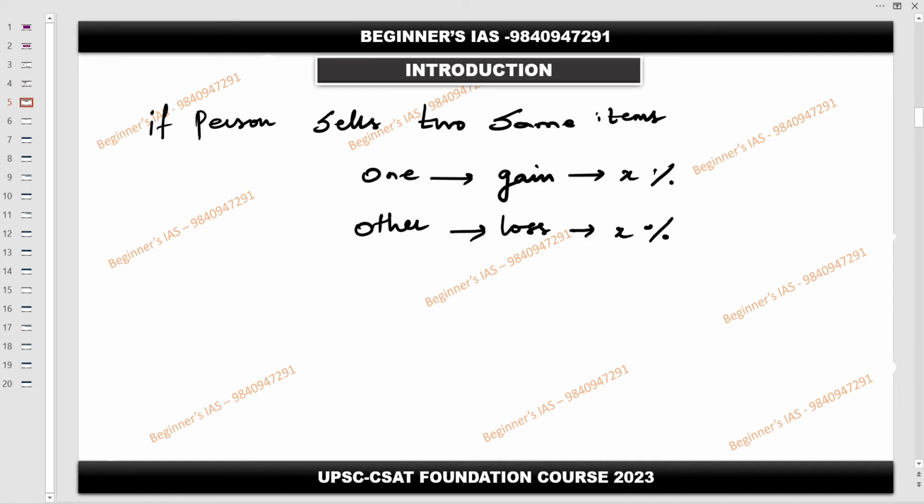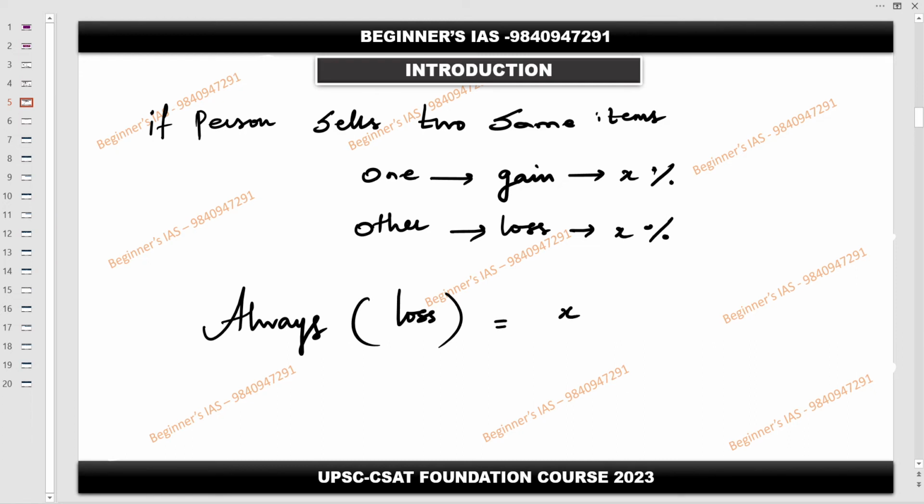Always remember both are the same, X and X. If it is so, then a loss only will occur, depreciation only will occur. We have seen that in the percentage concept. So always remember, it is going to be a loss if it is so. How to calculate the loss percentage is simple.